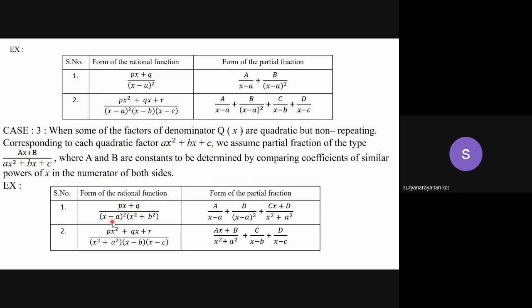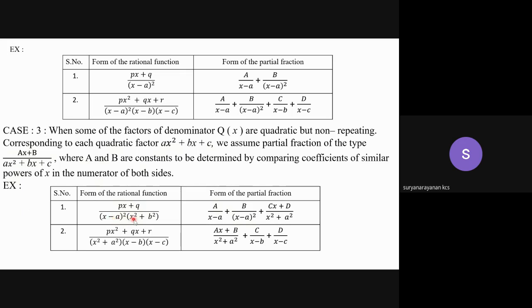How many times is this linear factor repeated? 2 times, sir. Very good. So for this repeated linear factor, we write two partial fractions like this: capital A by (x minus a) plus capital B by (x minus a) whole square. These partial fractions correspond to this repeated linear factor.